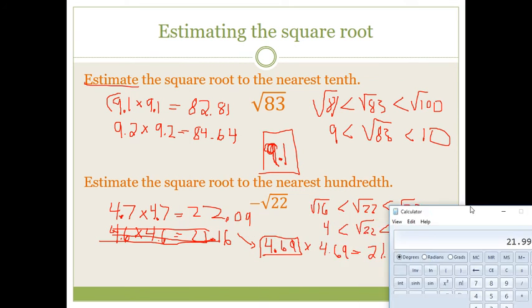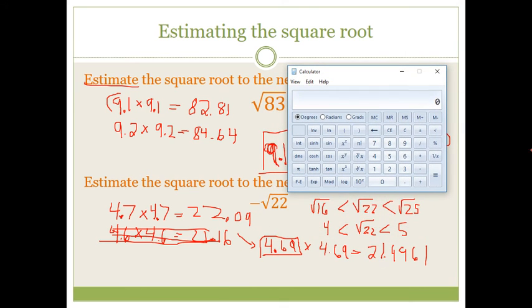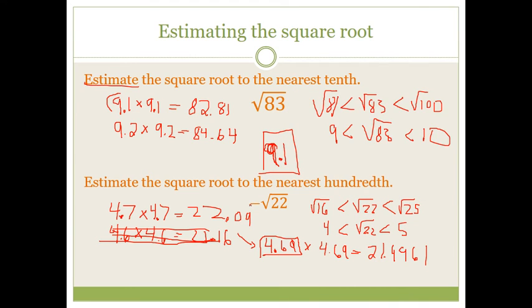And just to check that, let's bring over our calculator here. What is the actual square root of 22? And I forgot to mention, in this case, we have a negative out in front. So if I'm estimating this to the nearest hundredth, I would say that it was negative 4.69.